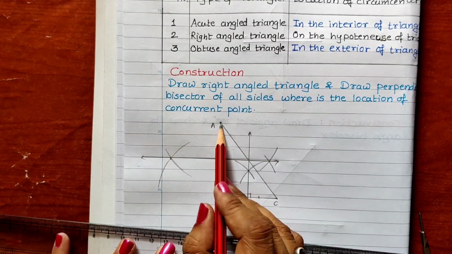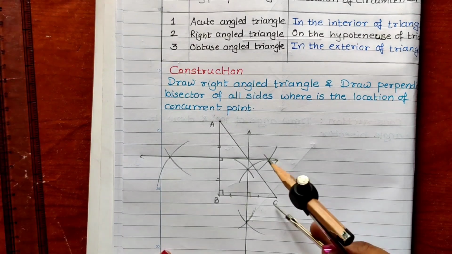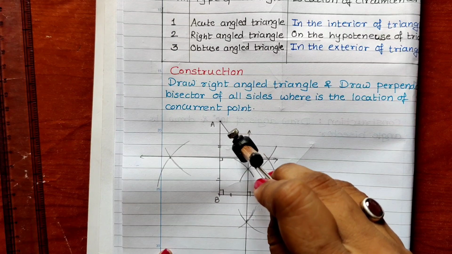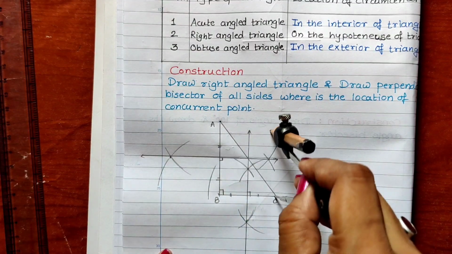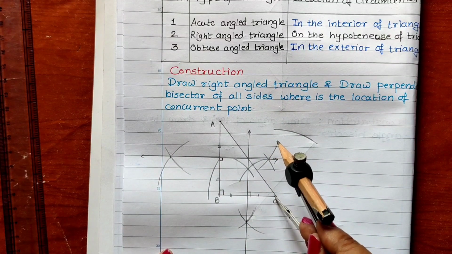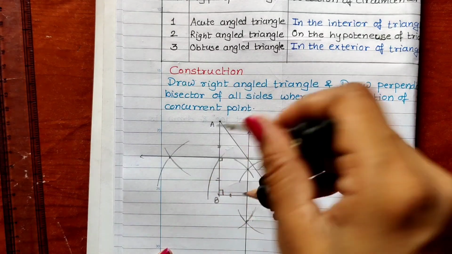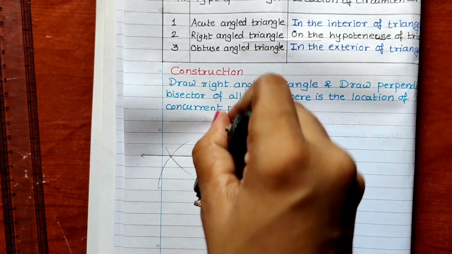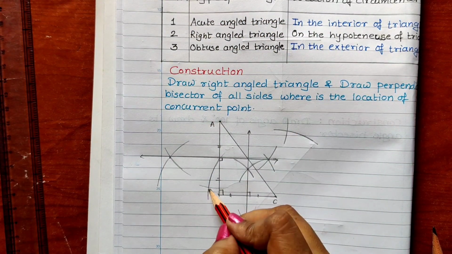Now we have to draw the perpendicular bisector of side AC. So place it on point C, take more than half distance in the compass, and then draw arcs on 2 sides in this way. Draw bigger arcs so that the next arc you can draw very nicely. Now place this point on point A and draw 2 arcs which intersect the previous arcs.